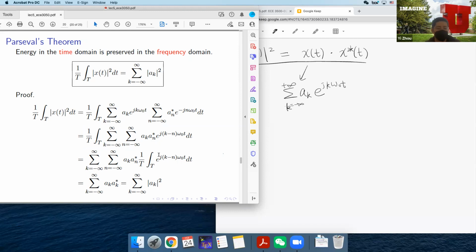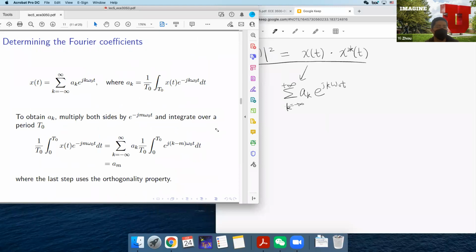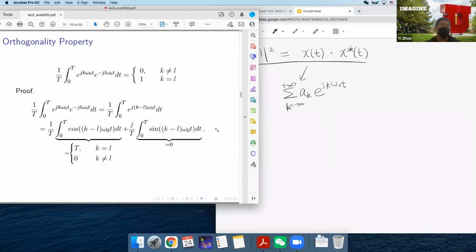And then in the previous lecture, we showed that such an integration is basically a binary indicator of k and n. We go back to one of the lecture slides right here.